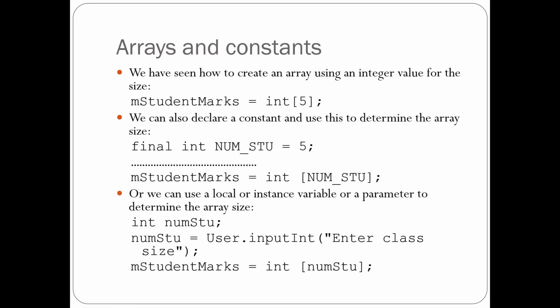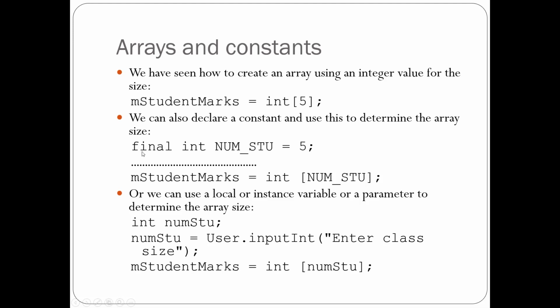So they are quite flexible in the way that they're used. A lot of the time when we're using arrays and we know how big the array is going to be throughout the whole program, there's nothing wrong with using constants. There's certainly nothing wrong with everything that we've done so far to set it up as an integer array with 5 elements in it, 0, 1, 2, 3, 4, perfectly fine. You can as well declare a constant.